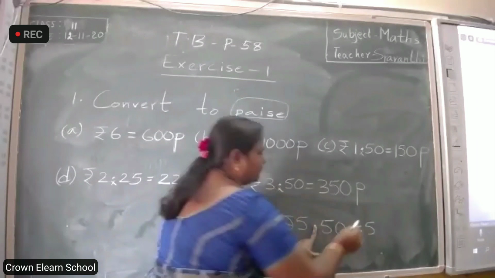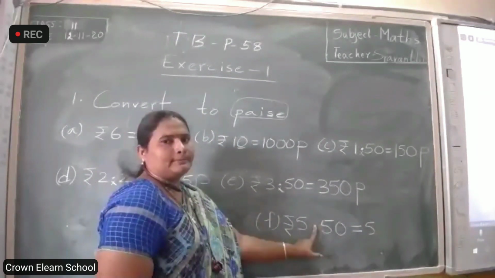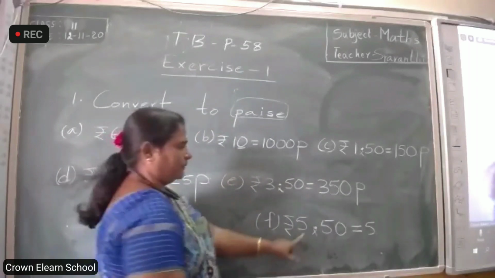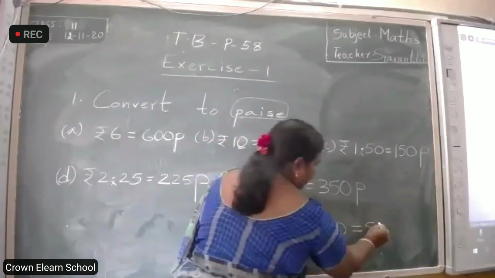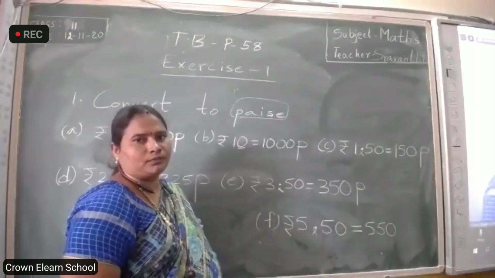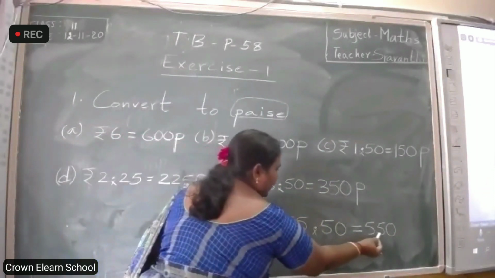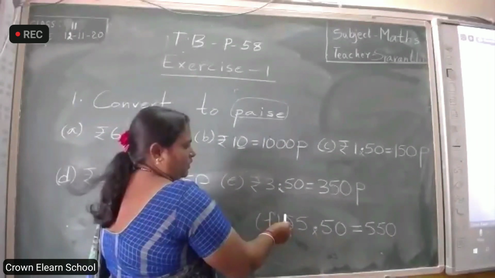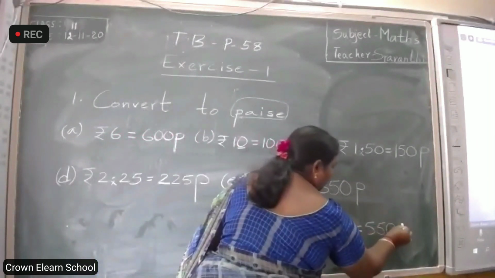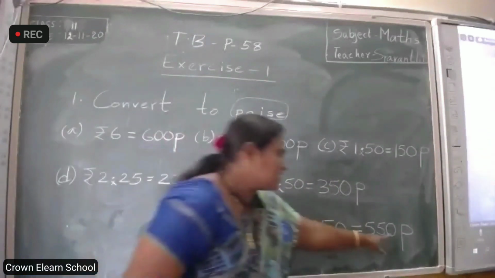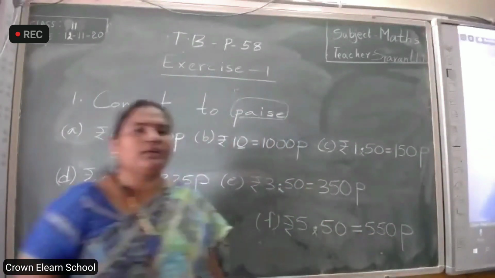So write same 5 there. And remove the dot. Join here itself. So we got 550. Rupee symbol changes to paise symbol. We write paise symbol at the end.